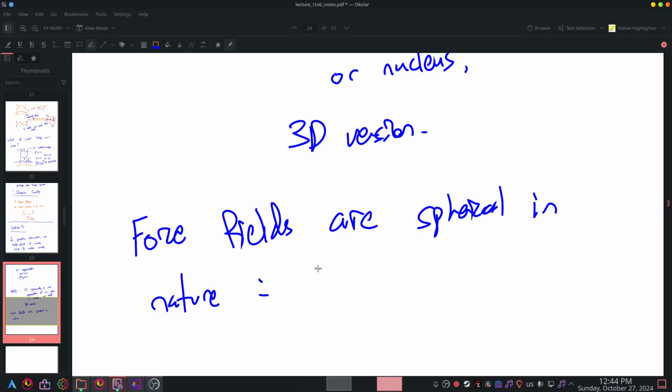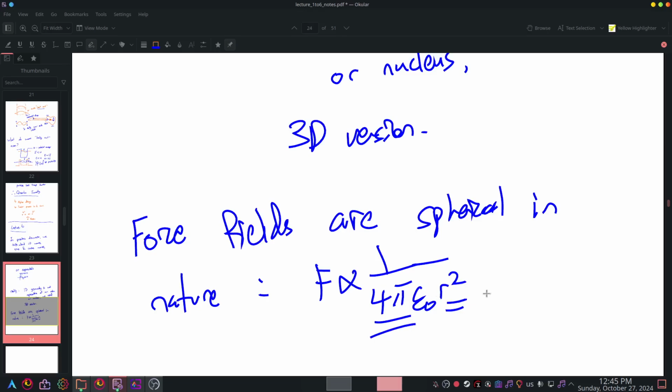So the force is proportional to 1 over 4 pi epsilon naught r squared. This 4 pi r squared is a spherical area: sphere surface area equals 4 pi r squared.